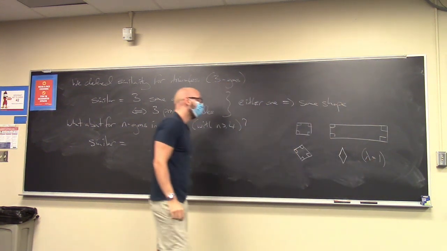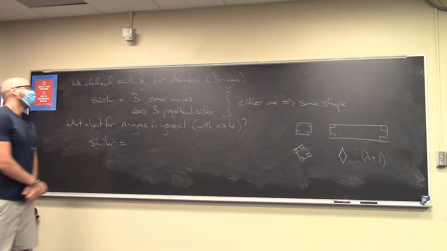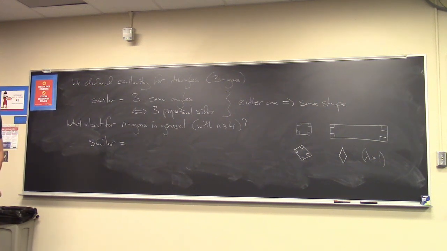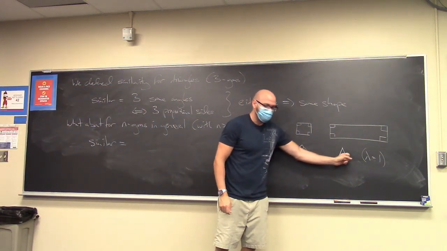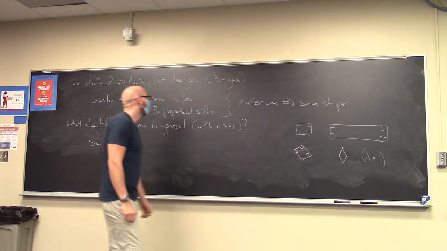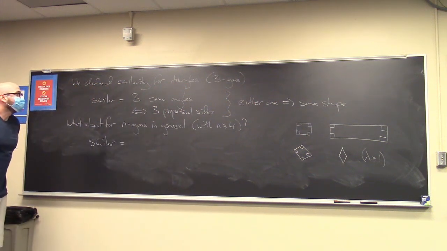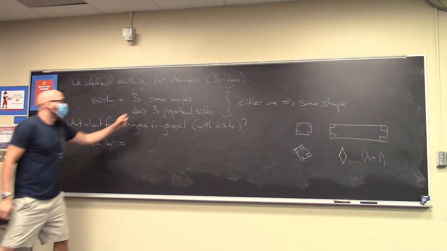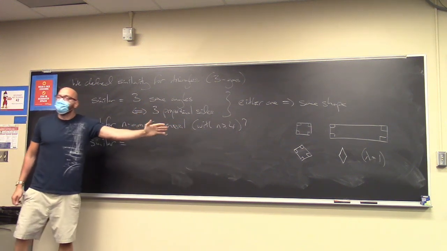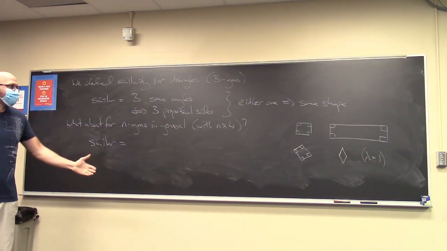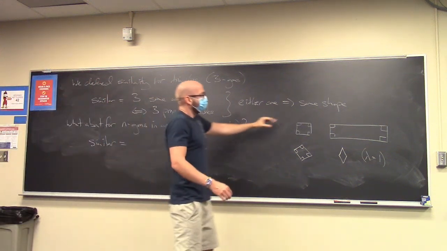But again, there's 2 quadrilaterals where now the sides are proportional to each other. They're actually equal to each other, but they're not similar at all, because these angles are very different now. They're not the same shape. But it turns out it's enough that if you specify both of these things, if you have equal angles and proportional sides, then you will encompass this idea of having the same shape.